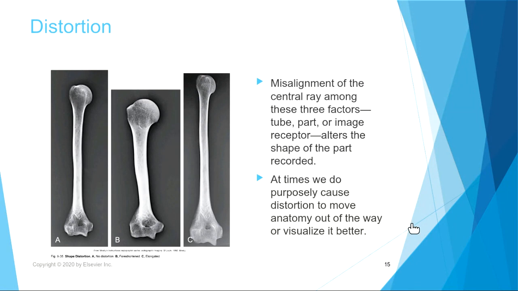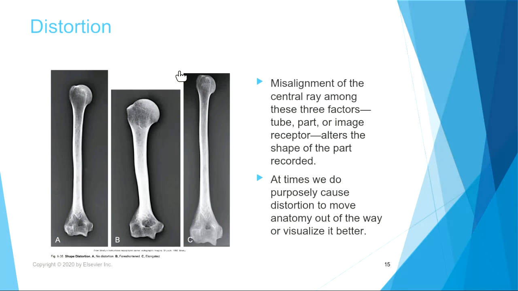Shape distortion occurs when there's a misalignment of the central ray among three factors: either the tube, the part, or the image receptor is not aligned properly. So either the tube, the part, or the image receptor is not aligned, and it will alter the shape of the part, because ideally the tube is perpendicular to the part and the IR, and usually the part and the IR are parallel to each other.